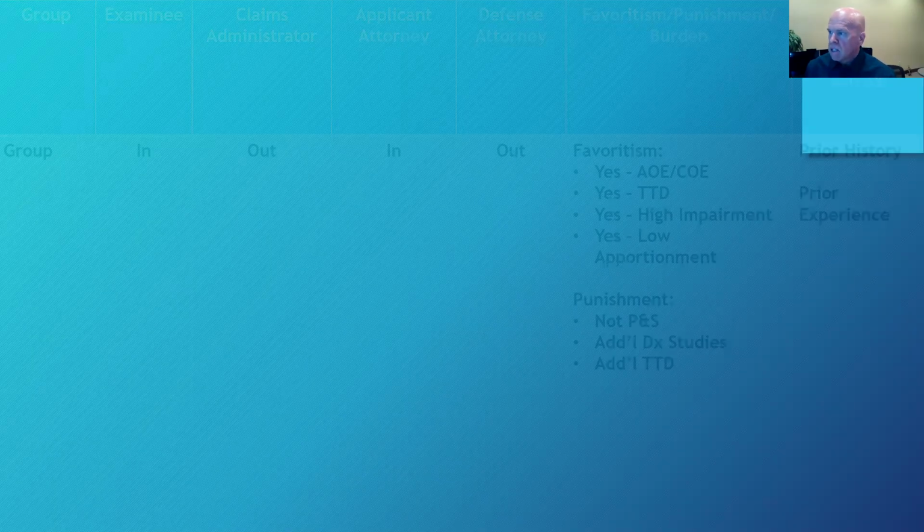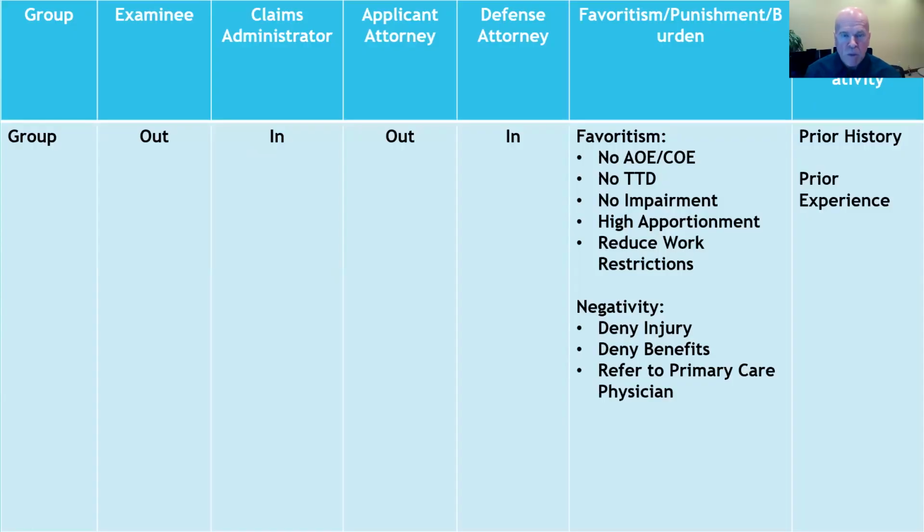Now, on the other hand, let's take the other type of qualified medical evaluator. Here's a qualified medical evaluator considered to be more of a defense-oriented qualified medical evaluator. With a defense-oriented qualified medical evaluator, the claims administrator and the defense attorney are in the social in-group, and the examinee and the applicant attorney are in the social out-group. So the favoritism for those in the in-group, the claims payer, would be a finding against industrial injury: no AOE, COE, no injury, no benefits, no TTD.